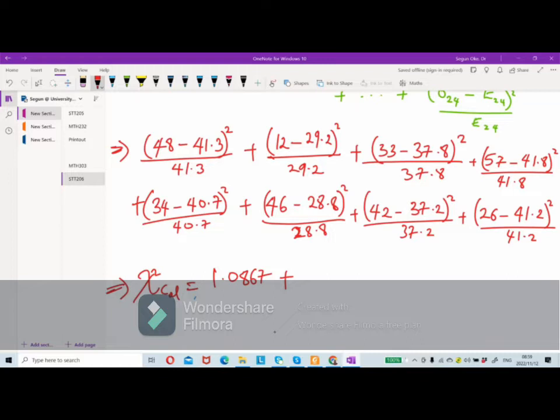The second one is 10.1315. So everybody, please do it. The third one, anybody? Somebody should give us the third one.